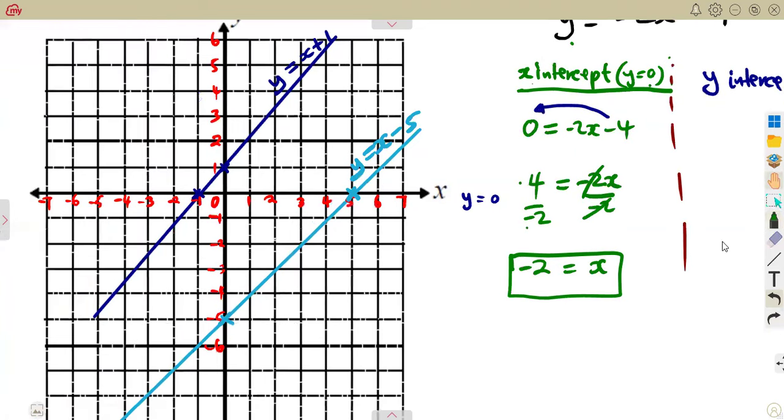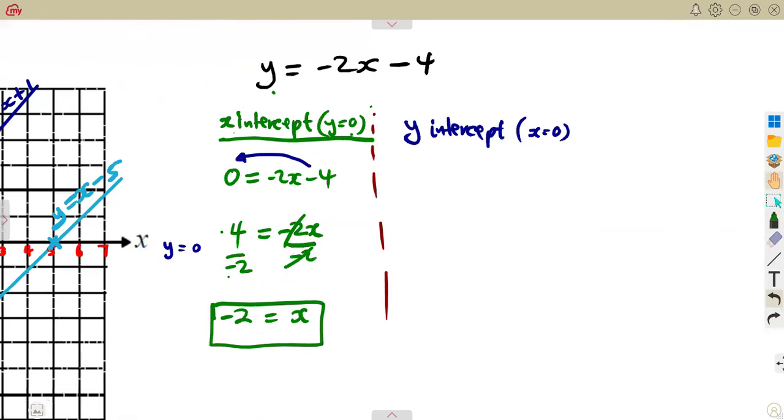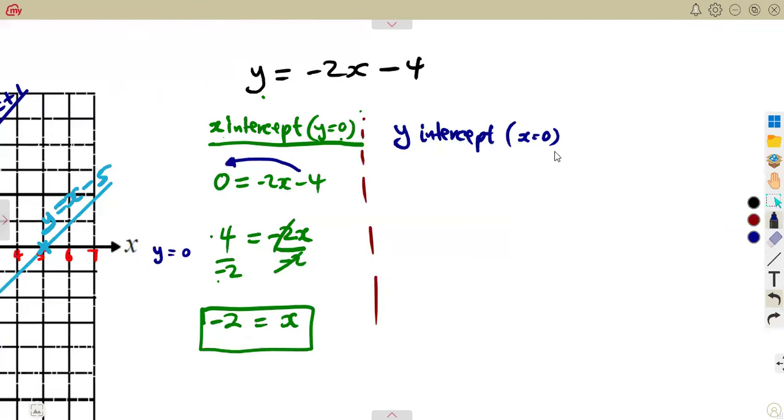You can mark the point, which is at -2, at X. Then on the same part here, our X is supposed to be 0 for us to have the Y-intercept. So Y is equal to -2 times a 0, minus 4. -2 times a 0, any number times a 0, that's a 0.